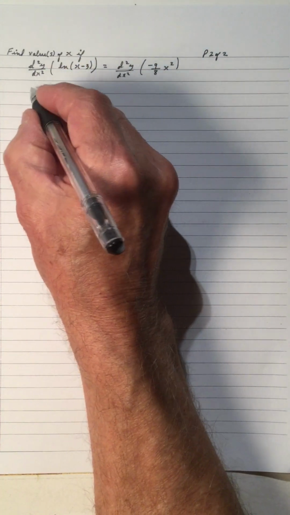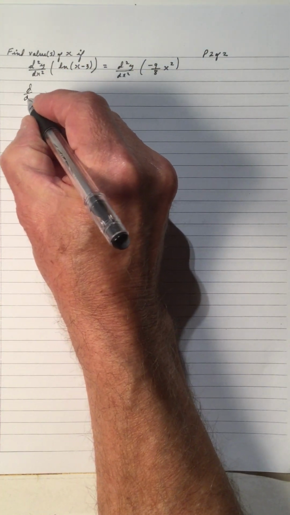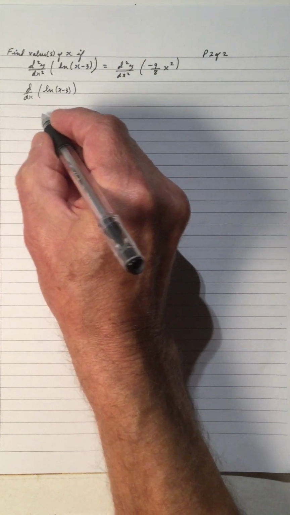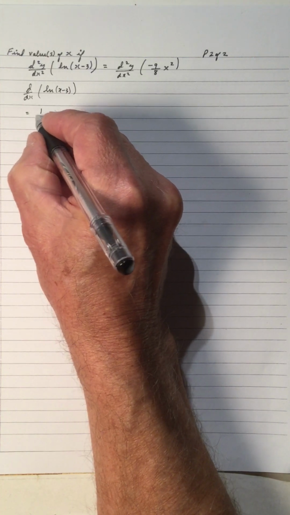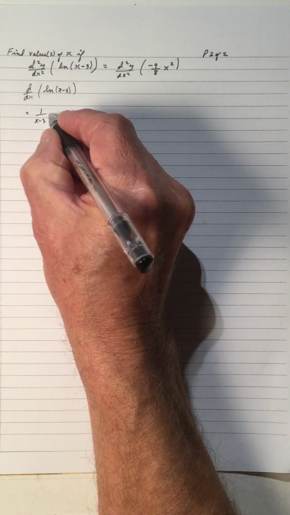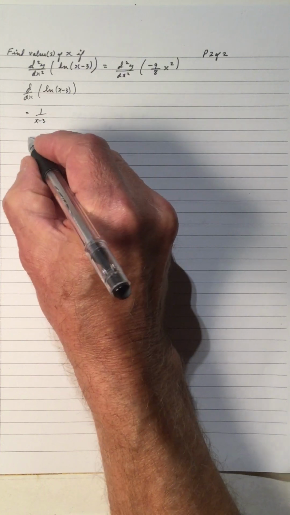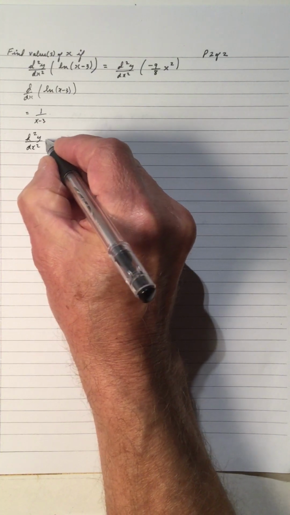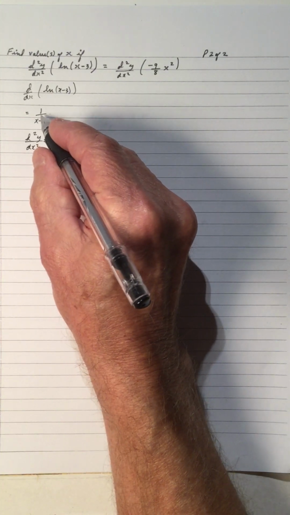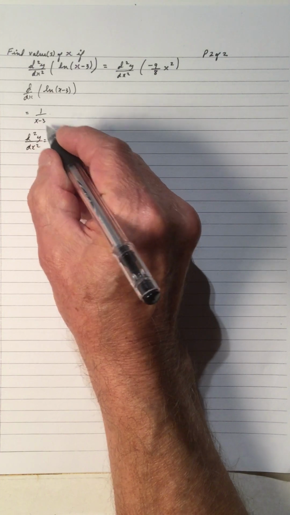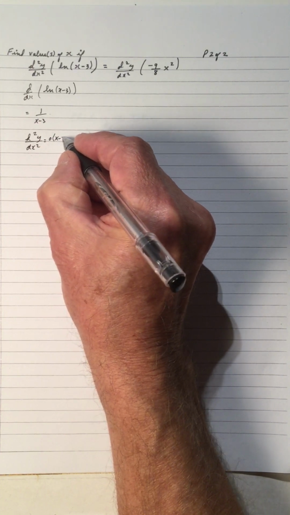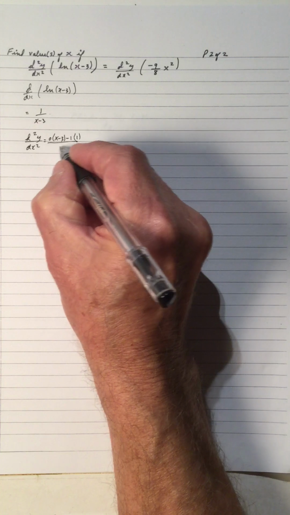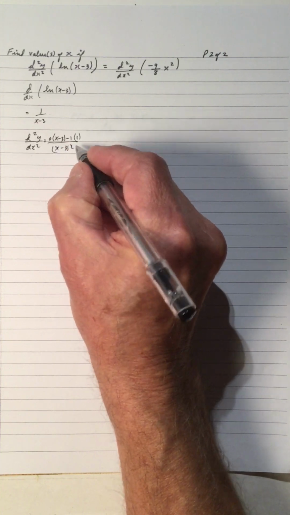So let's do the first derivative of the left side, so d/dx of ln of x minus 3. The derivative of ln is 1 over x minus 3, and the derivative of x is 1. And the second derivative, the derivative of the first derivative, using the quotient rule: derivative of 1 is 0 times x minus 3, subtract 1 times the derivative of x minus 3, which is 1, all over x minus 3 squared.